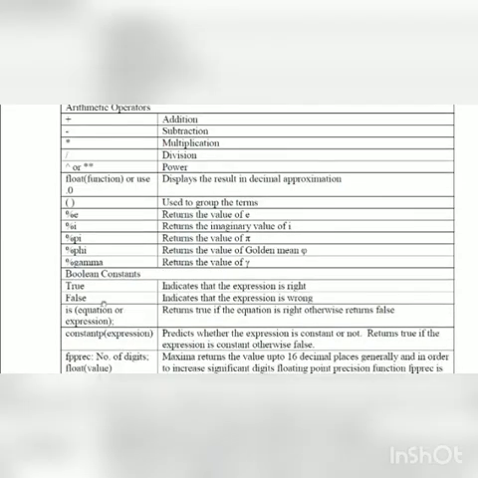Then, what are Boolean constants? There are two Boolean constants: one true, another one false. If the expression is right, then it displays true. If the expression is false, then it displays false. How to check whether the expression is right or wrong?